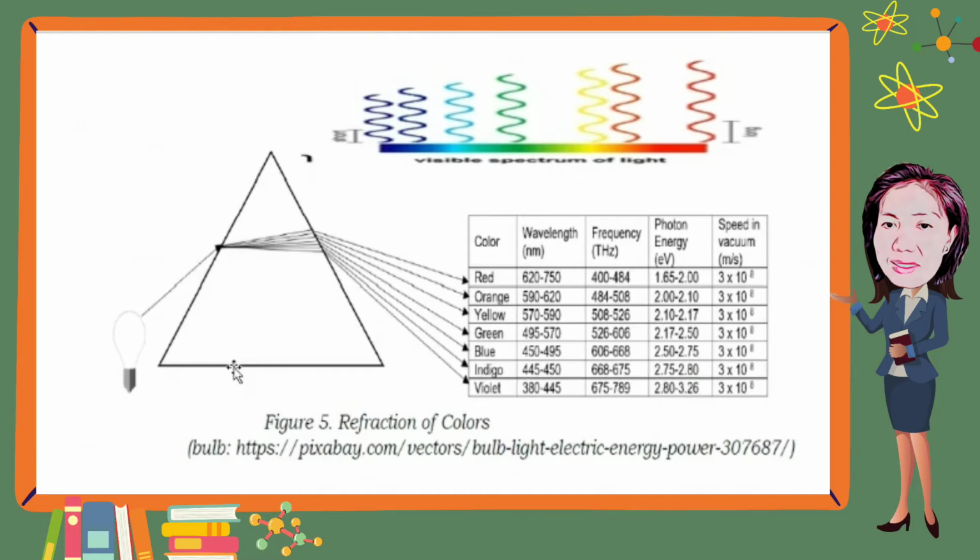So, pag mag-strike ngayon ang light from the sun to the water droplets, ang tendency class is the color of light will disperse. Kaya ma-form ang rainbow. Okay? And the arrangement should be sa top niya, red. Roy G. Biv. So, the best example of dispersion is the formation of the rainbow.